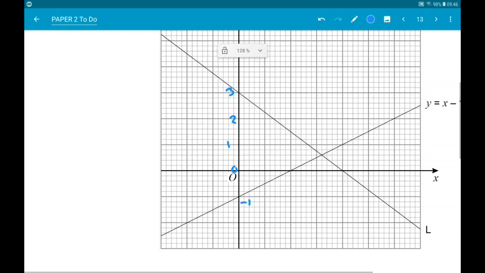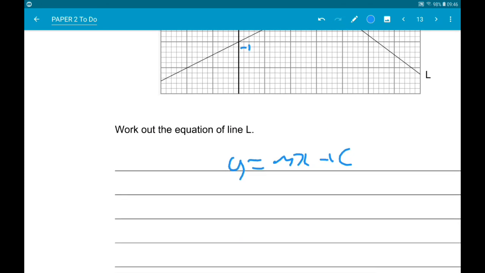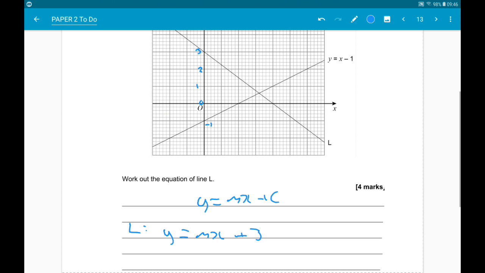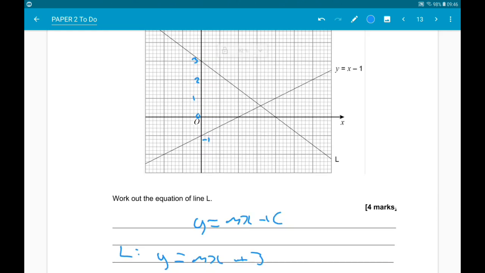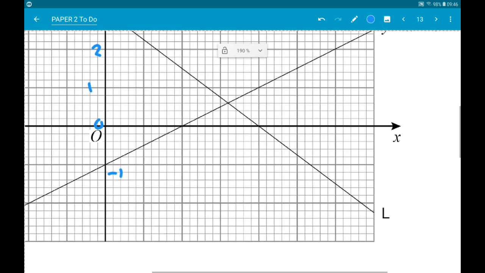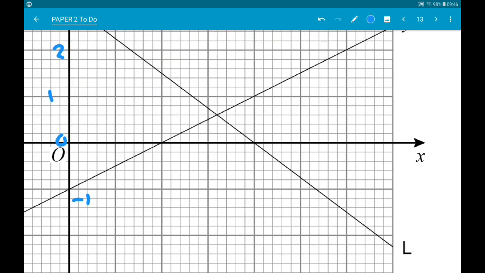So, up to there, we can say that L is y equals mx add 3. So we now need to find the value of m. Now to do that, we're going to need to find another point on the line. So we're going to need the point where it crosses the x-axis. To do that, we need the scale.